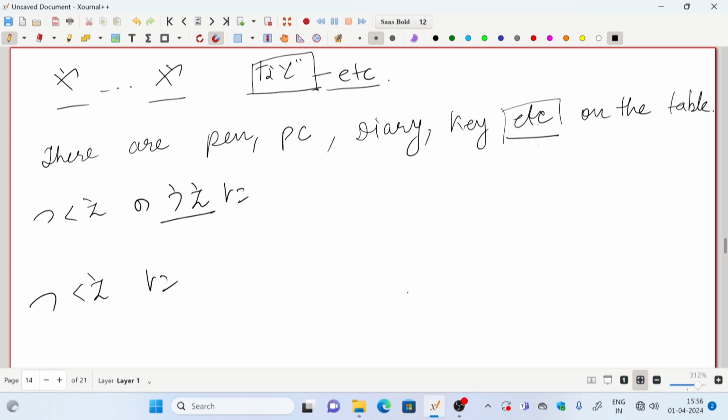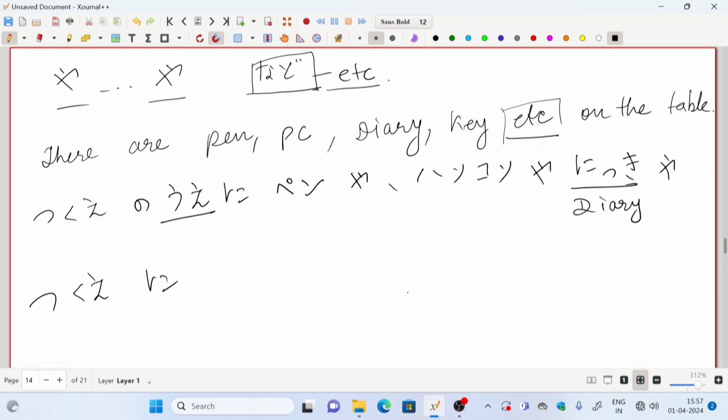Okay, tsukue no ue ni pen ya pasokon ya, diary is nikki, ya, key is kagi, nado ga arimasu.